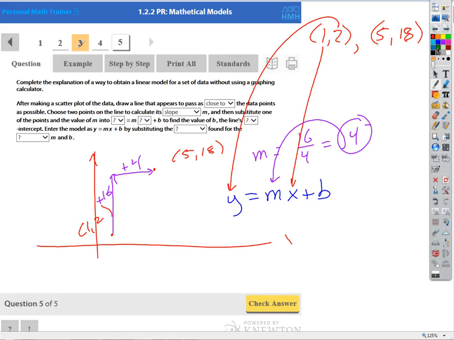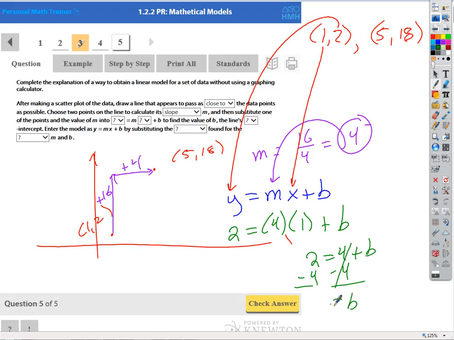So if we do that, y was 2 equals m was 4 times x was 1. So what am I going to get? 2 equals 4 plus b, right? What's the one thing I would have to do to get b by itself? Subtract 4 from both sides.